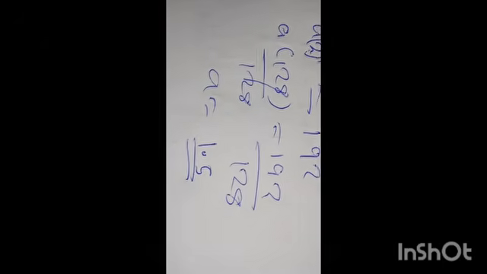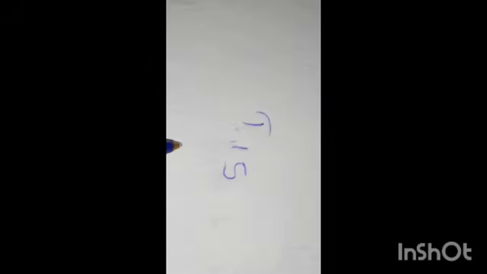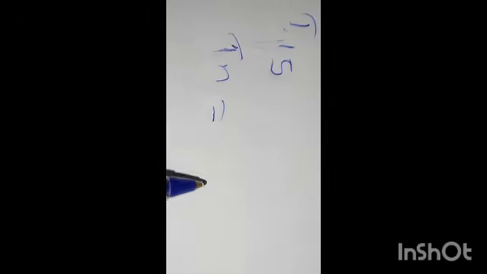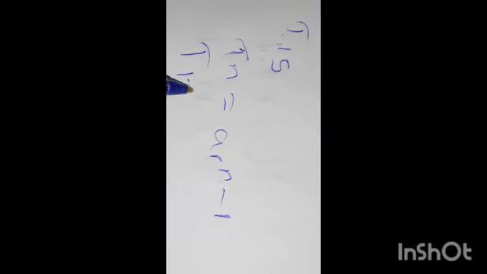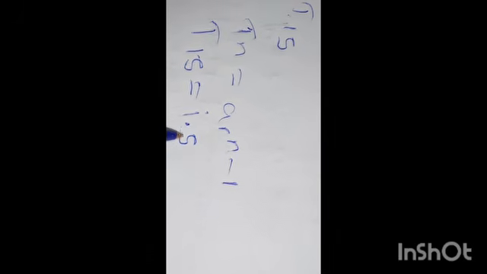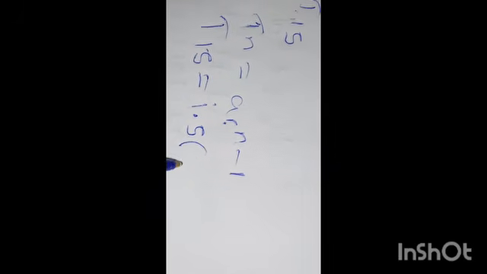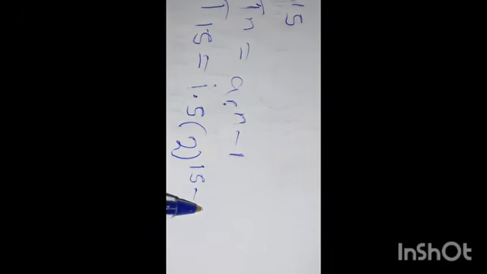Now let's move on to find the 15th term. So we've been asked to find our T15. So we input the formula for a GP. So Tn is equal to AR to the power n minus 1. So we're looking for term 15. So T15 is equal to, what is our A? Our A is 1.5. What is our R? Our R is 2. Then to the power n, n is 15 minus 1.